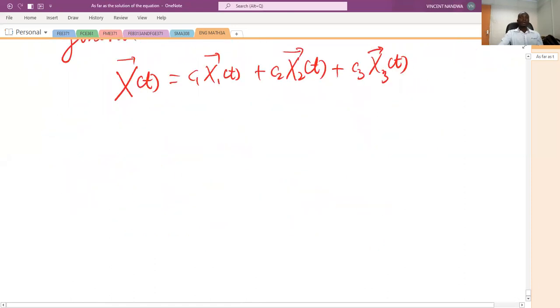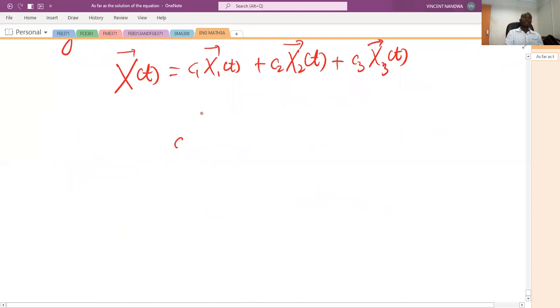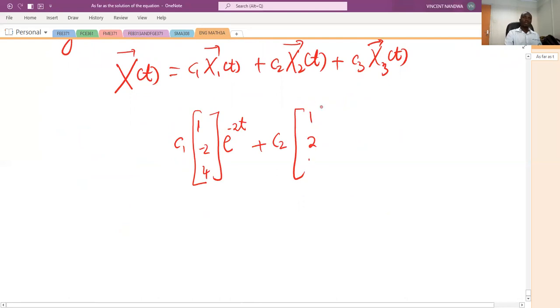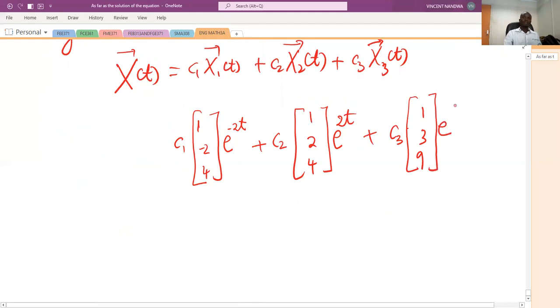So this will be given by c1 times 1, minus 2, 4 e raised power minus 2t plus c2 times 1, 2, 4 e raised power 2t plus c3 times 1, 3, 9 e raised power 3t. So this is x of t.